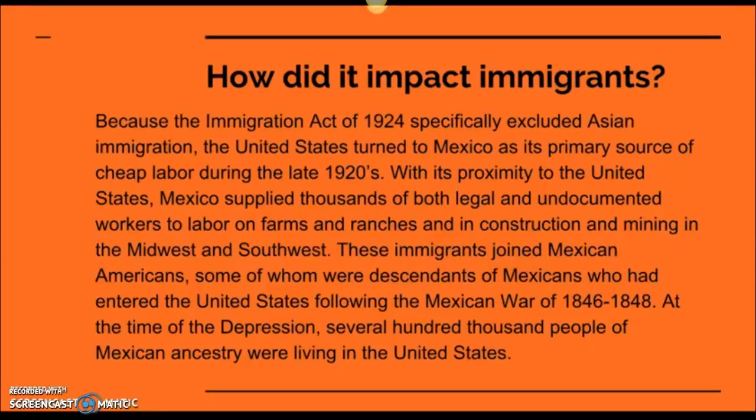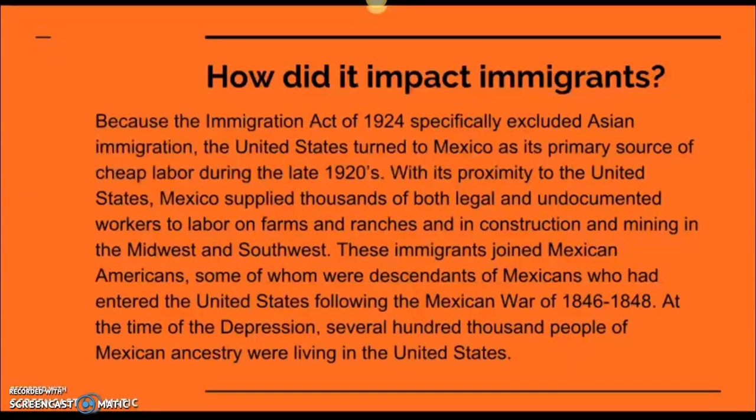Specifically in Mexico, the Immigration Act of 1924 excluded Asian immigration. The U.S. turned to Mexico as its primary source of cheap labor during the 1920s. With its proximity to the U.S., Mexico supplied thousands of both legal and undocumented workers to labor on farms and ranches and in construction and mining in the Midwest and Southwest.